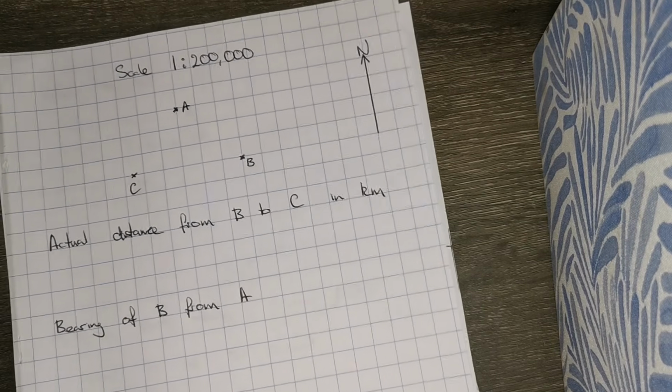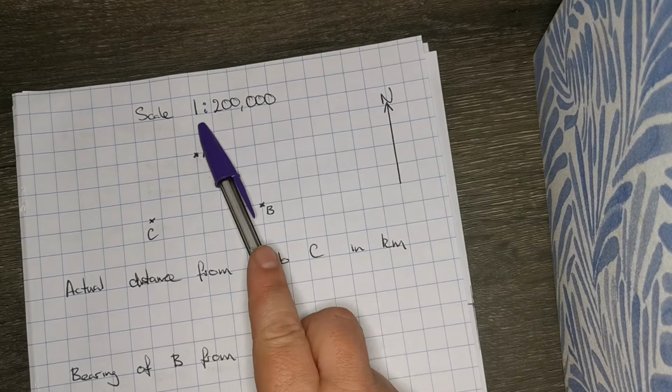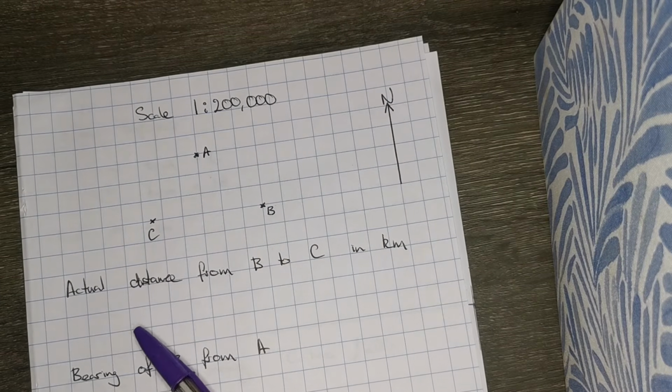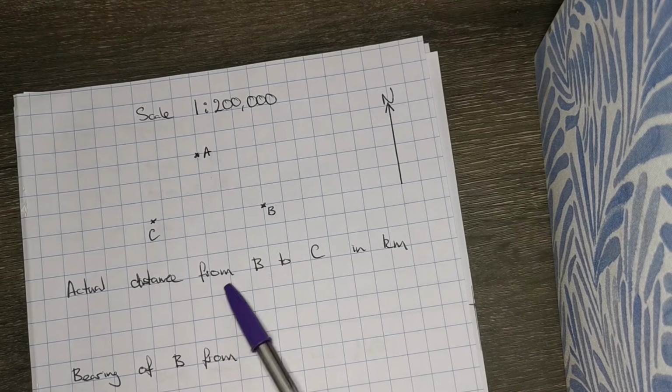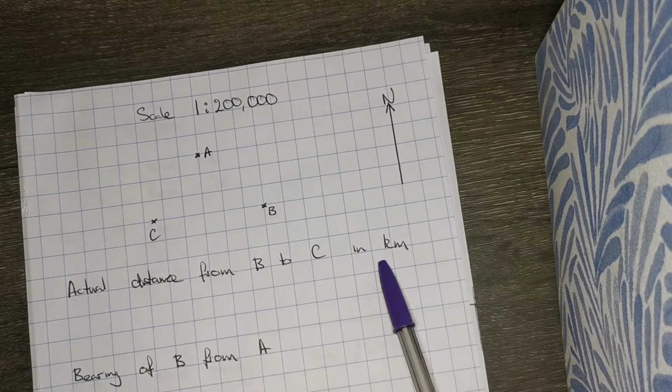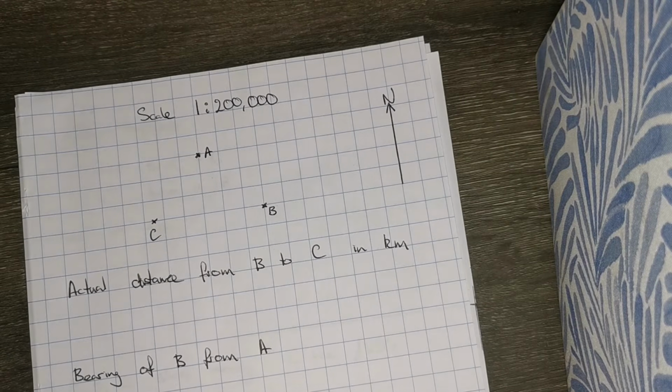Right, I've got a scale diagram. I'm told my scale is 1 to 200,000. I'm being asked to find the actual distance from B to C in kilometres.